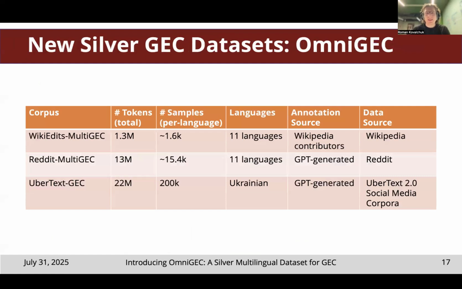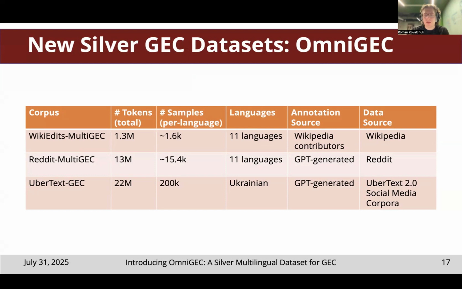Speaking about new silver GEC datasets, which we call OmniGEC, they consist of the following subcorpora: Wiki-Edits multi-GEC, Reddit multi-GEC, and UberText GEC. They are all different in their size and the manner they were annotated.